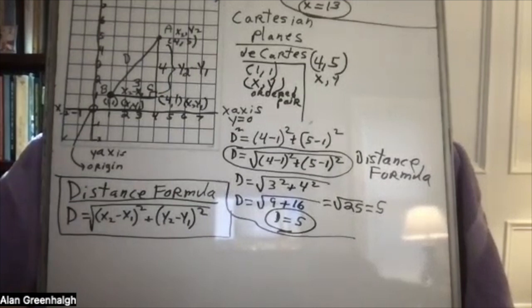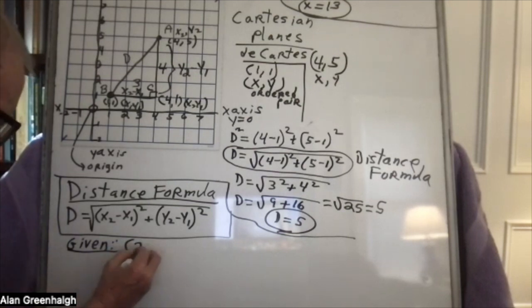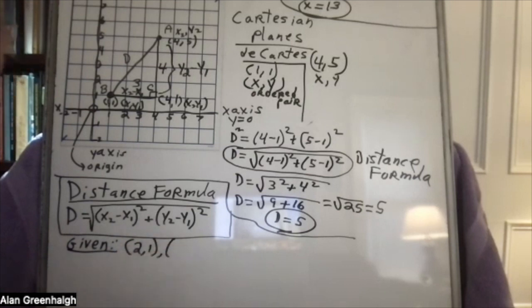is equal to. For example, given the point, well, it doesn't really matter what I choose, does it? Okay, let me just make something up. 2, 1, and let's see.